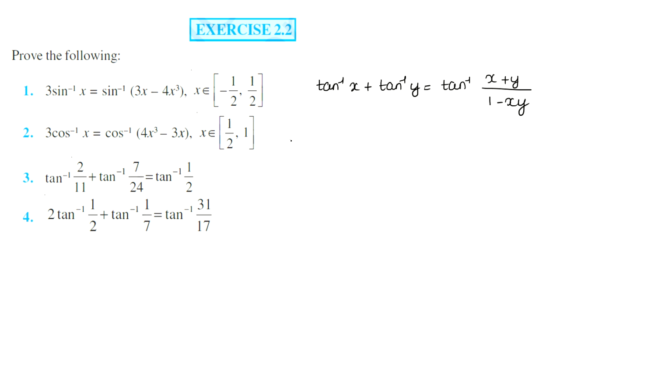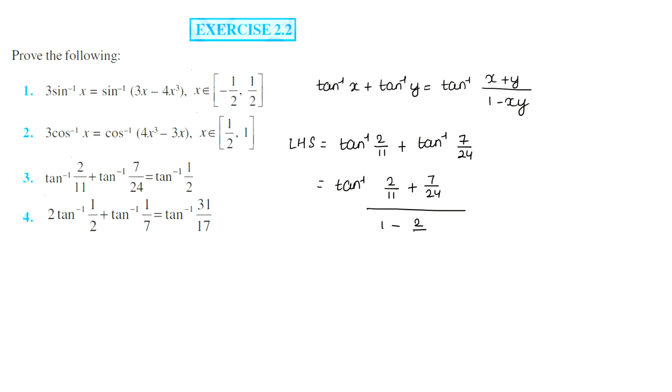Alright, so now consider LHS, and it is equal to tan inverse 2 by 11 plus tan inverse 7 by 24. Now by the above formula, this is equal to tan inverse (2 by 11 plus 7 by 24) divided by (1 minus 2 by 11 into 7 by 24), and this is further equal to tan inverse (48 plus 77) by (264 minus 14).